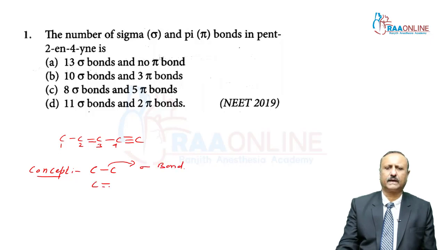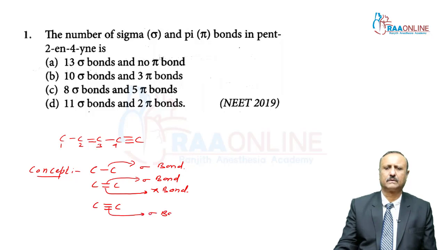When you get a carbon double bond carbon, then you get 1 sigma bond and the other bond is a pi bond. When you get a carbon triple bond carbon, then you get 1 sigma bond and these are 2 pi bonds.